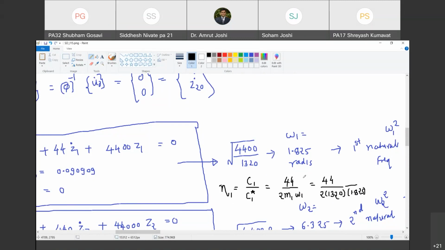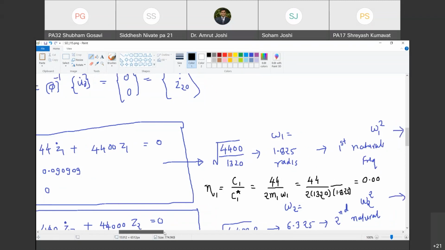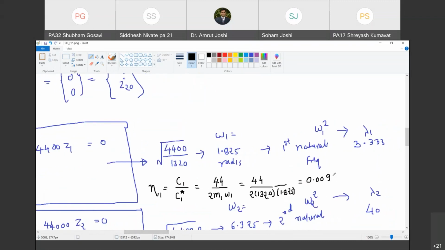So can you do this calculation and tell me the value of eta 1? It is 44 divided by 1320 divided by 1.825 divided by 2. Has it turned out to be 0.00913? Is that right?